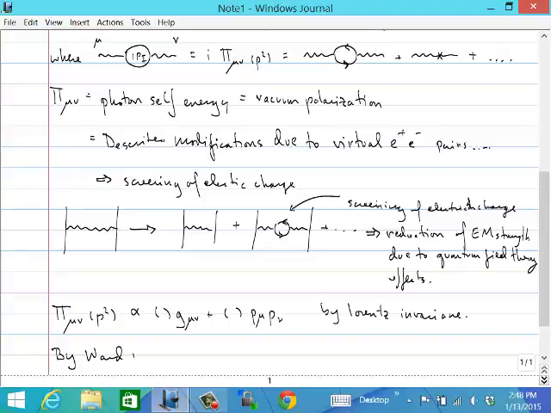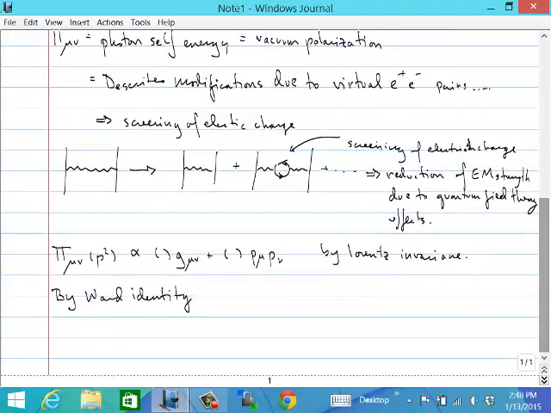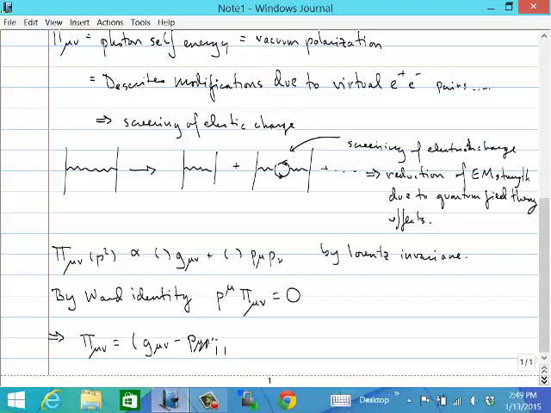So that manifestation of gauge invariance was called a Ward identity. It tells us that the external momentum contracted with the photon self-energy has to be 0. So in particular, that means that pi mu nu must be proportional to a particular linear combination of g mu nu and p mu p nu. Okay.